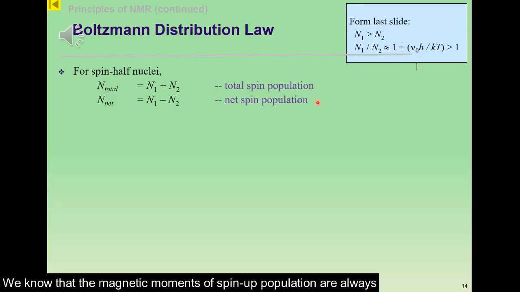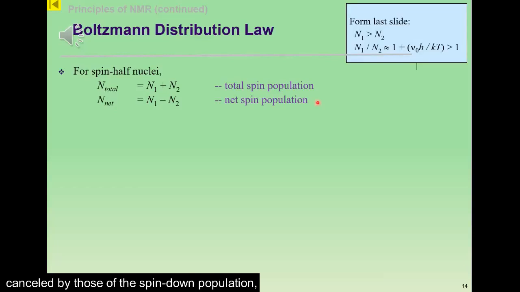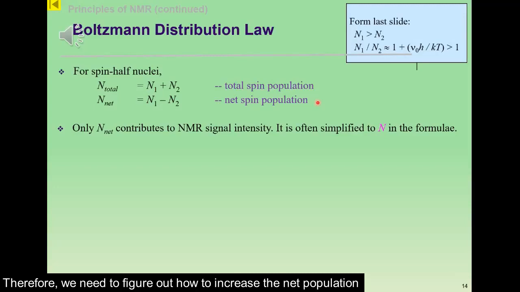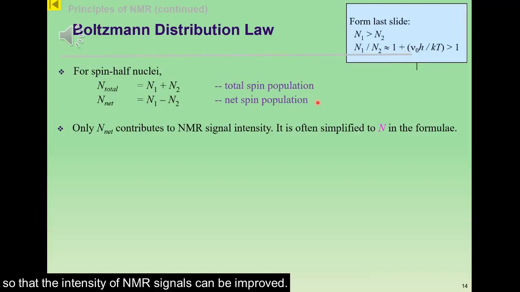We know that the magnetic moment of spin-up population are always cancelled by those of the spin-down population, and hence only the net spin population contributes to the observable NMR signals. Therefore, we need to figure out how to increase the net population so that the intensity of NMR signals can be improved.